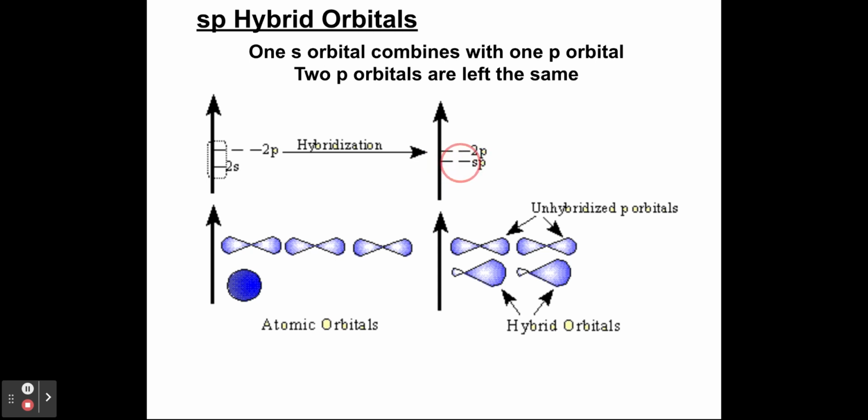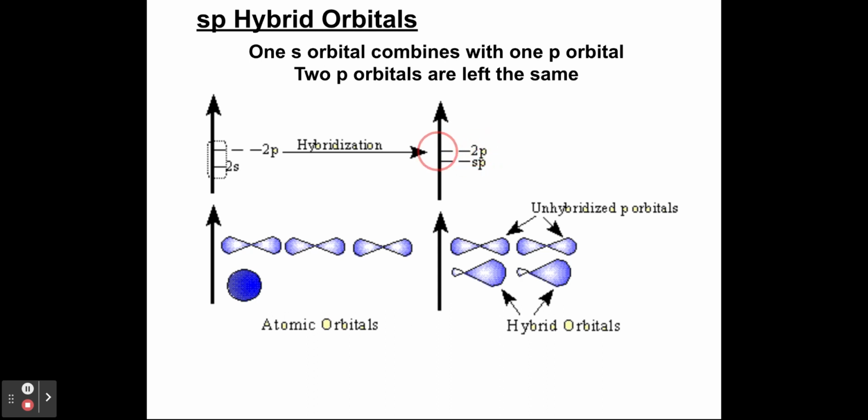Notice that the two sp hybrid orbitals are a little bit higher in energy than the s, but they're lower in energy than the 2p. So the hybridized orbitals are somewhere in between your s and your p. Now you have two hybrid orbitals. These two sp hybrid orbitals are going to be involved in bonding or in having electron groups.